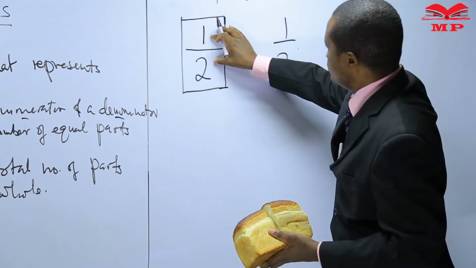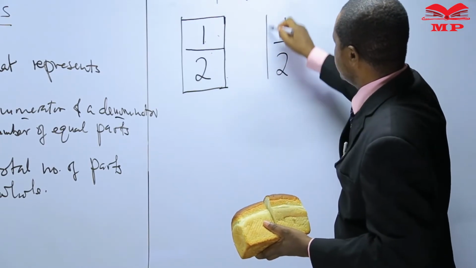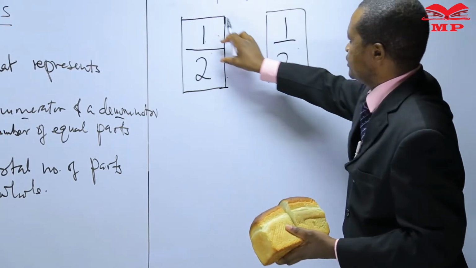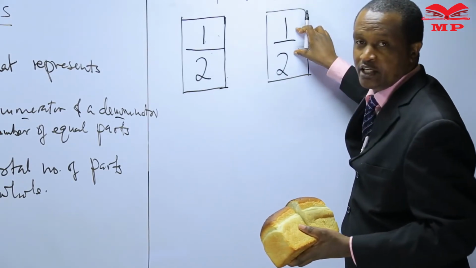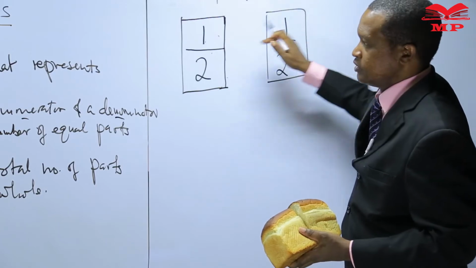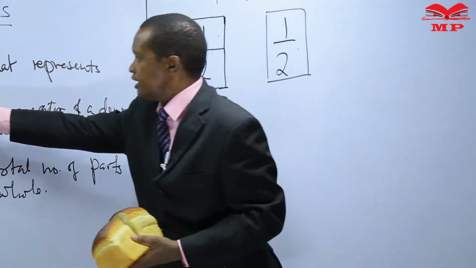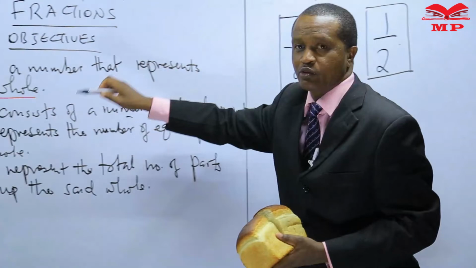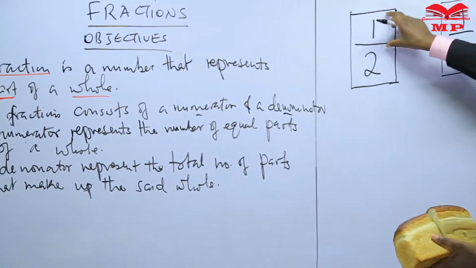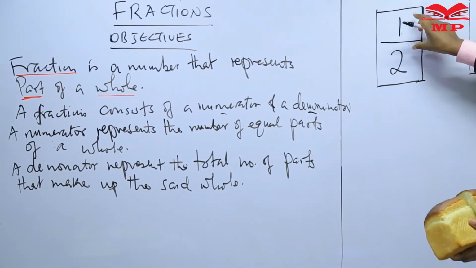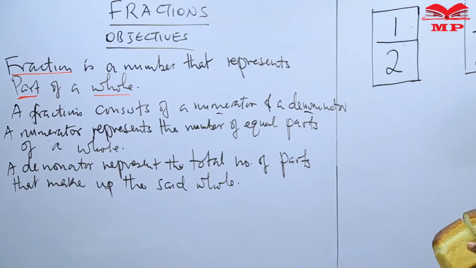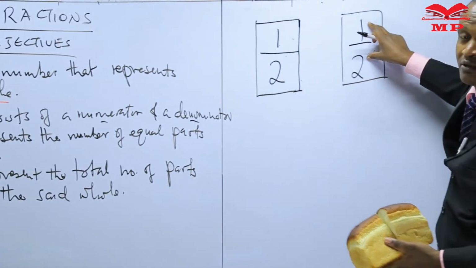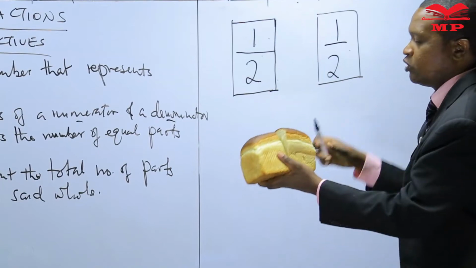These 2 are called fractions. And how did we define fraction? A number that represents part of a whole. So this one is a fraction representing part of this whole. Likewise, this one here is a fraction representing part of this whole.